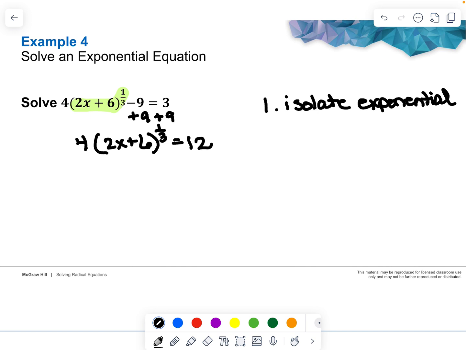Next step, we need to deal with this 4, so it is currently multiplied, so we will divide it. 2x plus 6 raised to the 1/3 is 12 divided by 4 is 3.